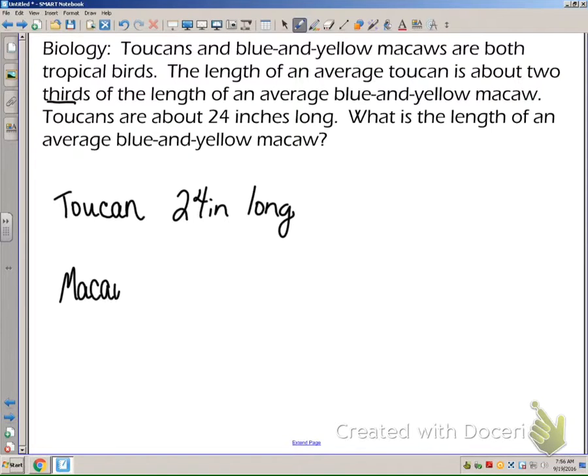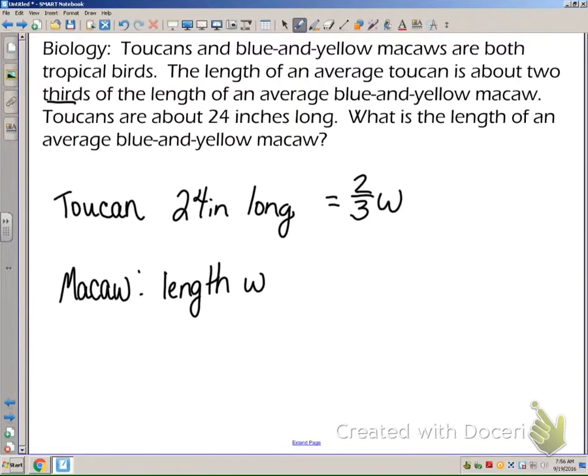We don't know its length, so let's let its length be W. Okay, so the toucan is 2/3 the length of the average blue and yellow macaw. So if the macaw is length W, then we know that the toucan is 2/3 the length of the macaw. So it's 2/3 the length of W.